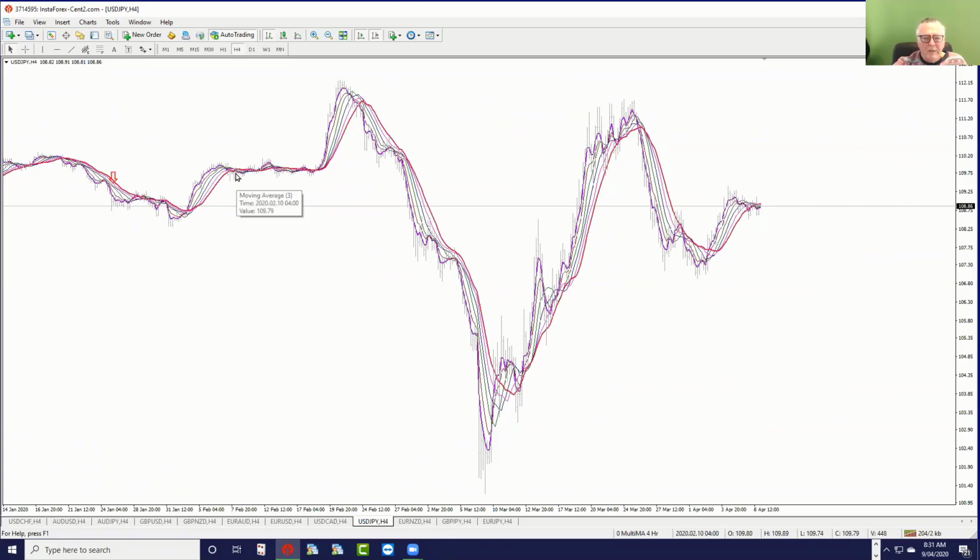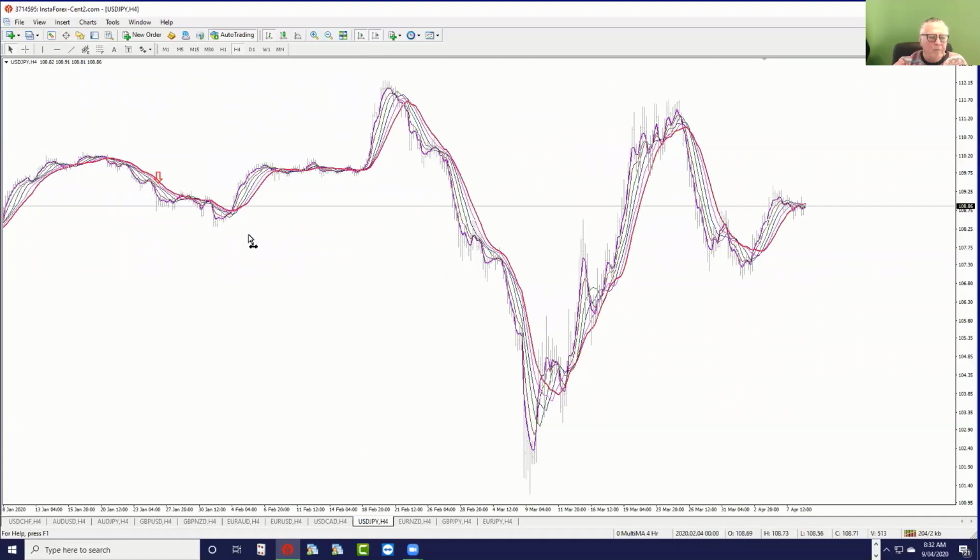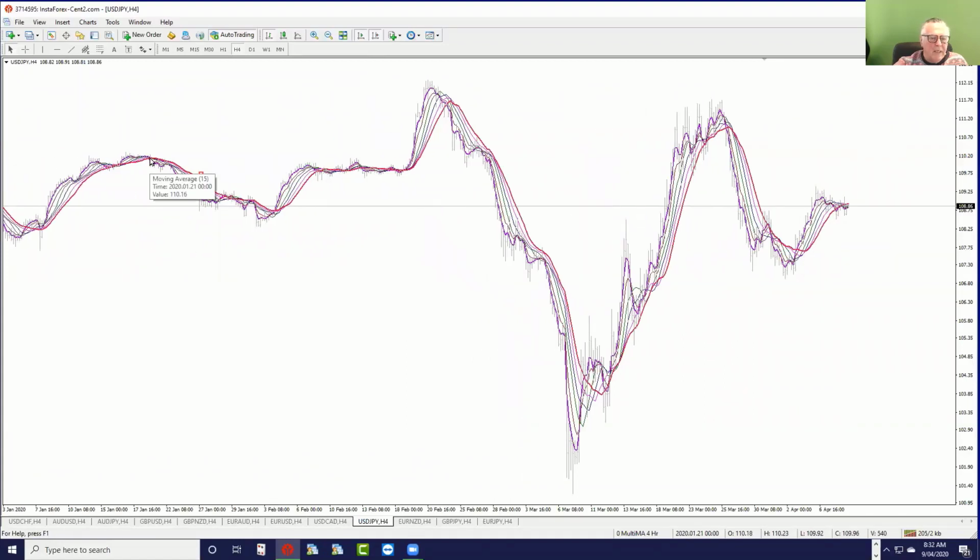Now, you can see this consolidation went on for quite a while. And when it did, it was explosive. There's another time, it wasn't that explosive, but it turned into a good trend. So expect an explosive trend from that kind of environment. There's a few ways you can do it.